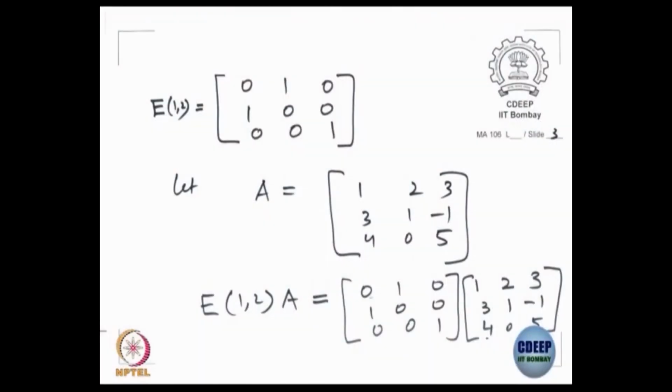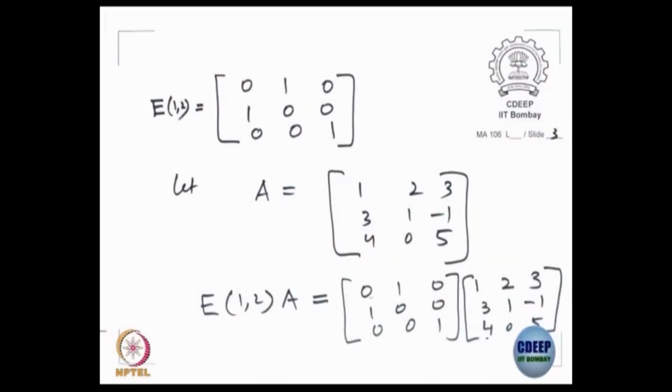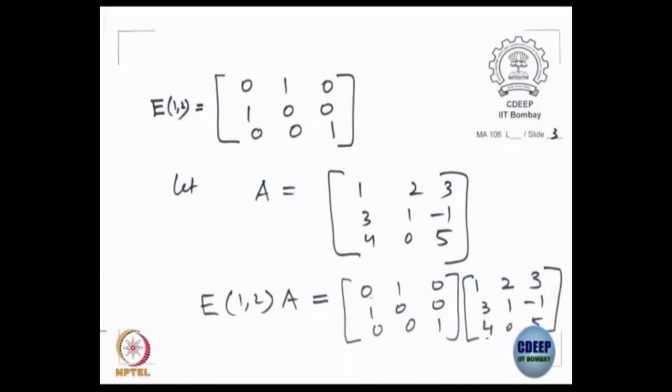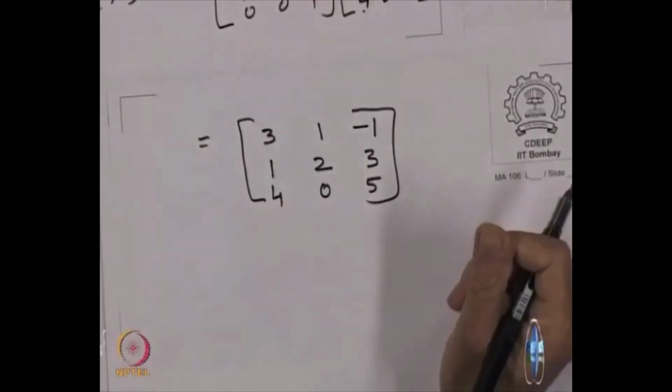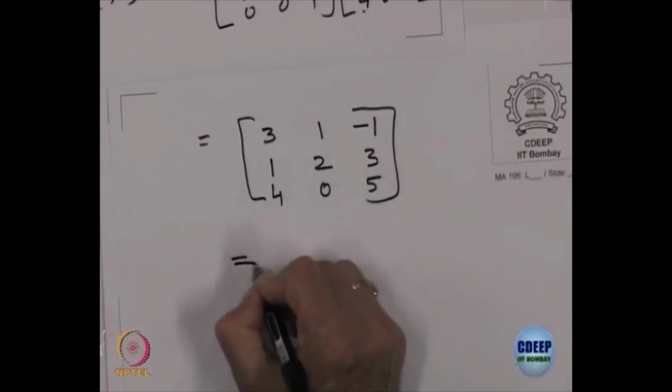The last row, 0 0 1, with the first column gives 4. 0 0 1 with the second column gives 0. And the last one, 0 with 3 is 0, 0 with minus 1 is 0, 1 with 5 is 5, right.